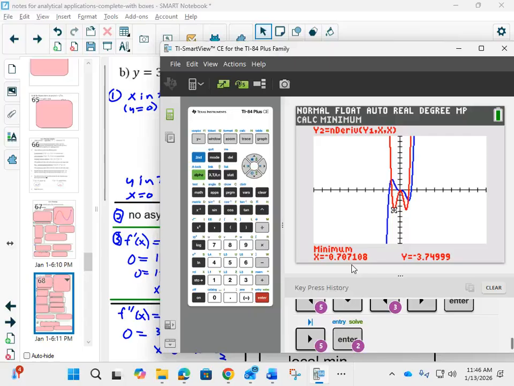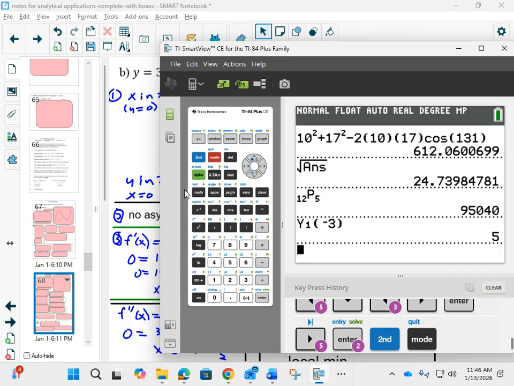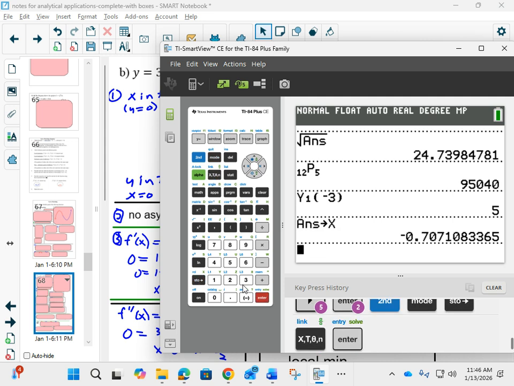But sometimes you have an x value like this that you want to use for something else. If I quit out of my graph and hit my store button and go to x, it remembers the last thing that you calculated. Even though it was on your graph, it stores that x value from your graph, because sometimes you want to use that value for something else.